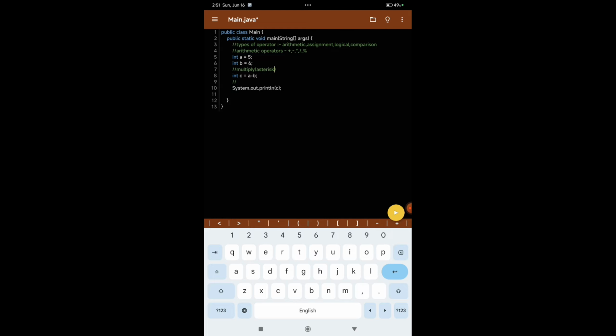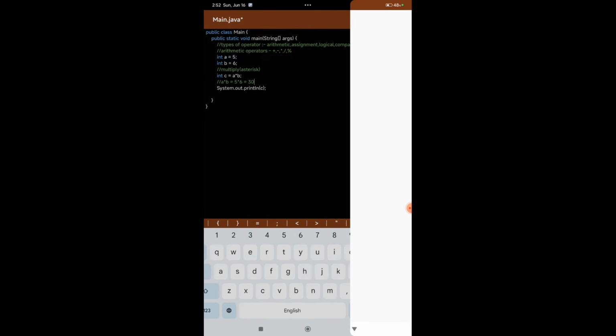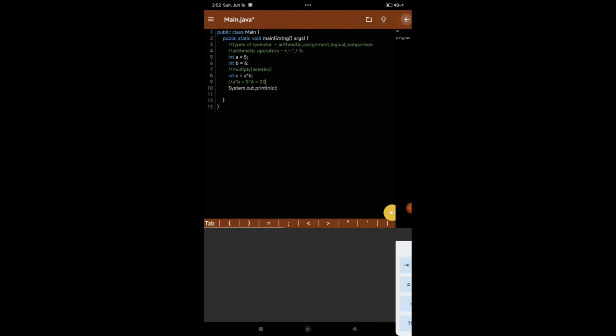This star symbol is called asterisk, and I will replace the operator with asterisk. a into b is equal to, let's put the values, 5 into 6. Now the answer will be 30. Let's run it and 30 will be printed.